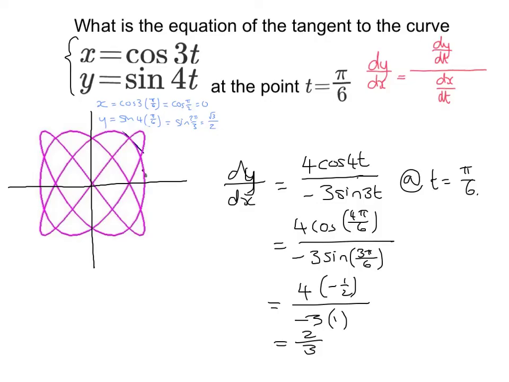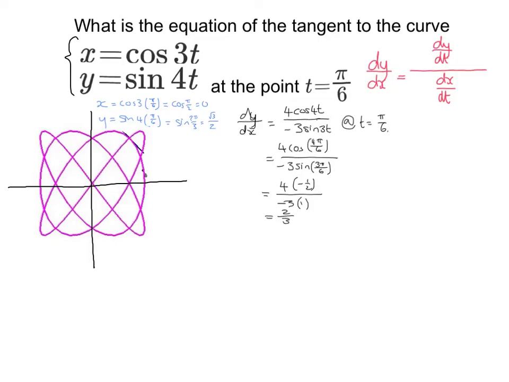So let's make the actual equation of the tangent now. This is all very easy now, it's just y minus b equals m times x minus a. This is our tangent line here. We know the point on the line is the point x was 0, and b is the y coordinate, which was root 3 over 2.